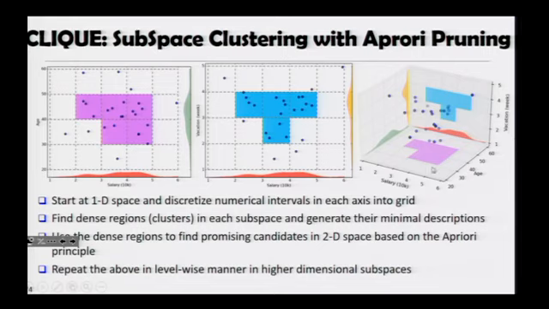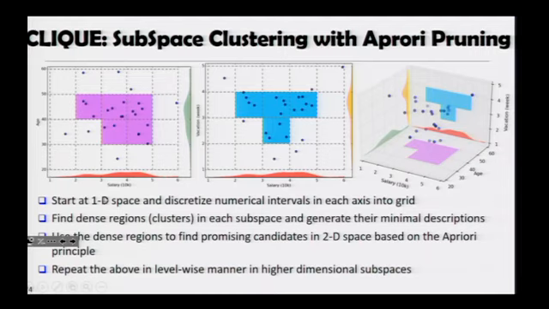So we can look at a concrete example here of how CLIQUE can do the subspace clustering using the a priori pruning. Let's first say we have this 2D space where one dimension is the salary and the other one is the age. And you also have another dimension, the number of weeks of vacation. So in total, you have 3 subspaces or 3 dimensions.